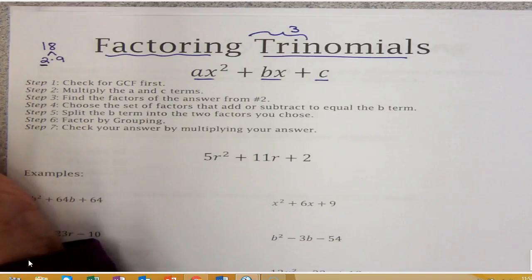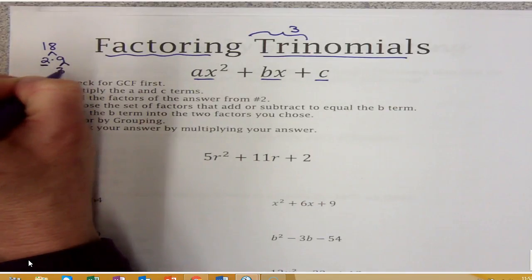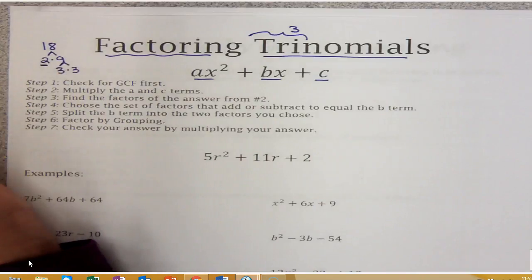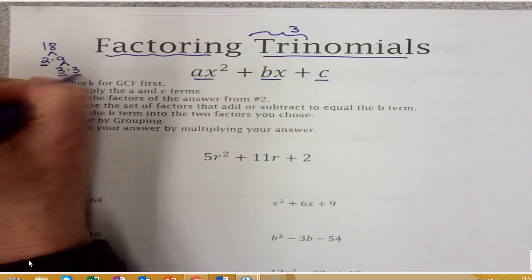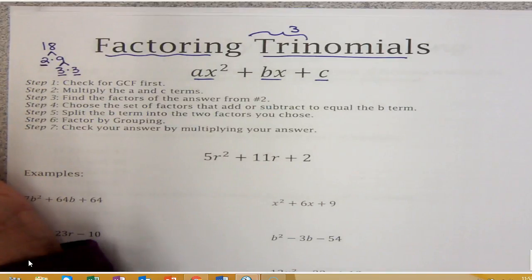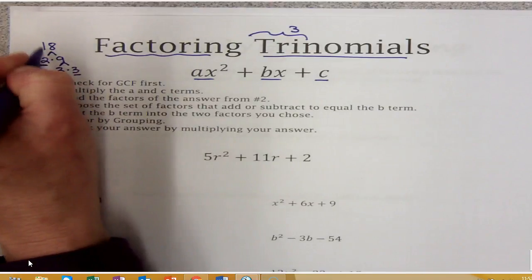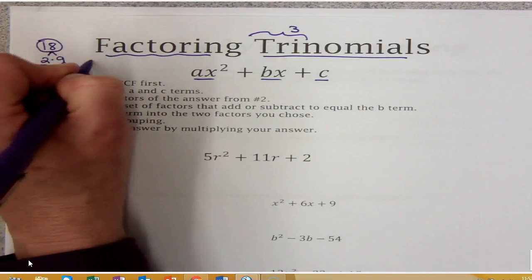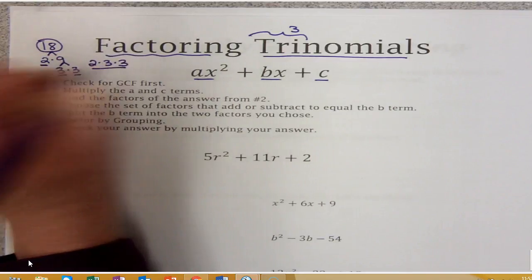The only numbers that divide evenly into it are 2 itself and 1. But 9 is not a prime number because we've got 3 times 3. Now I've got all prime numbers. So I have effectively factored 18 into 2 times 3 times 3.